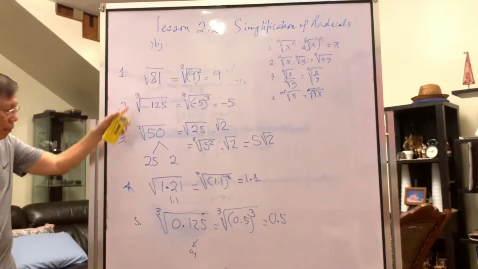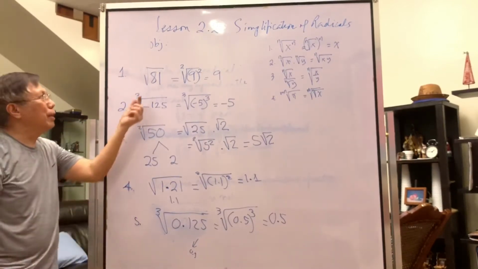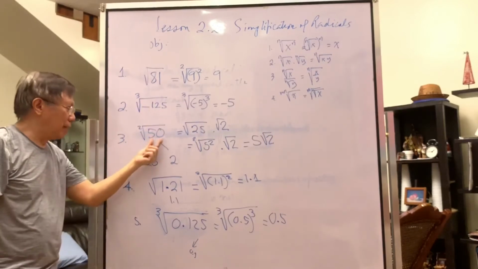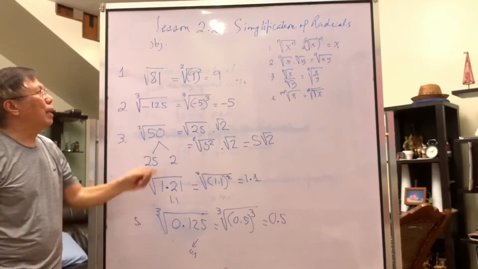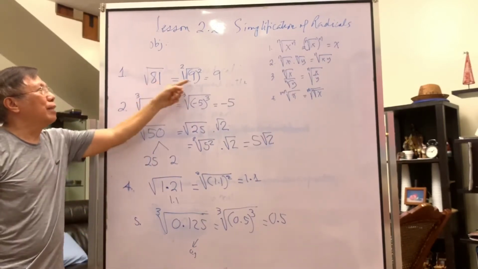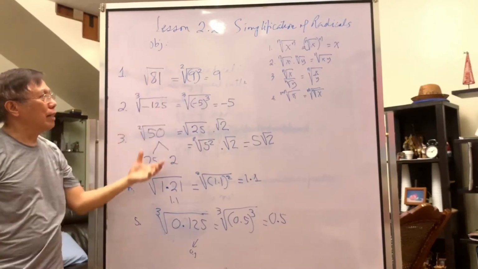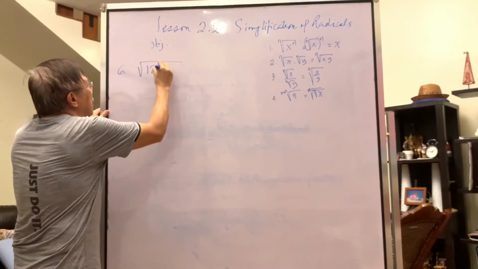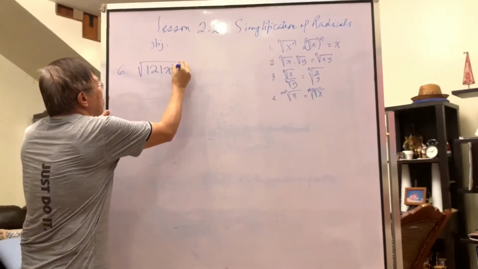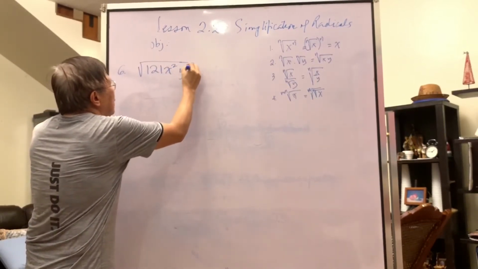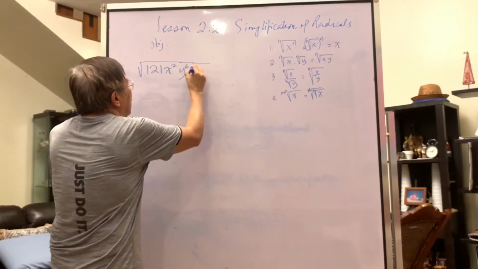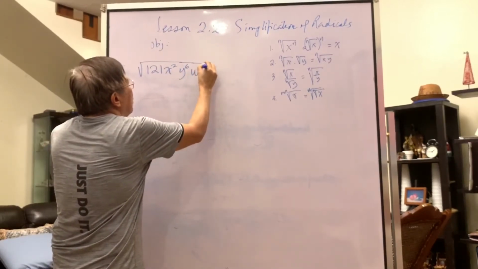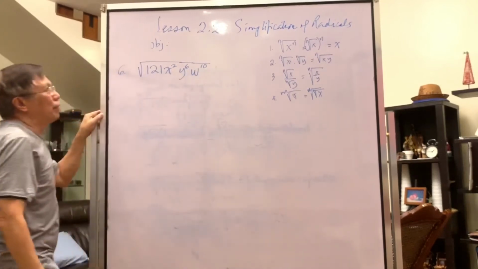For the first 5 examples, we only dealt with constants. What if we are now going to have variables together with constants as radicals? Suppose we have here 121 x squared y to the 6 and w to the 10, for example.